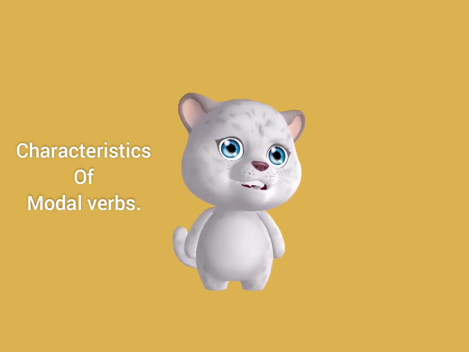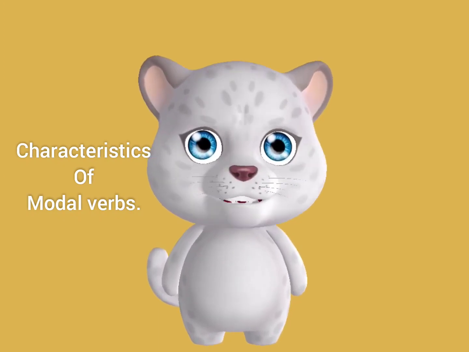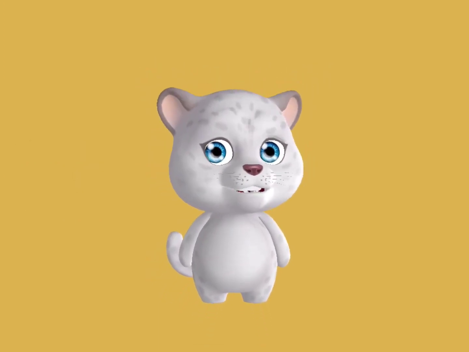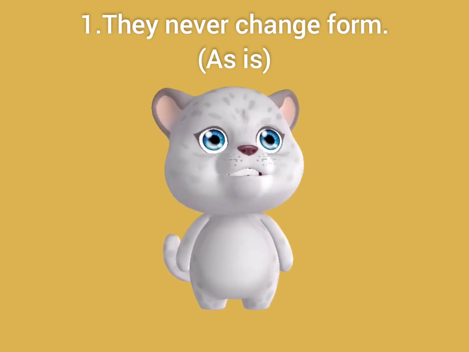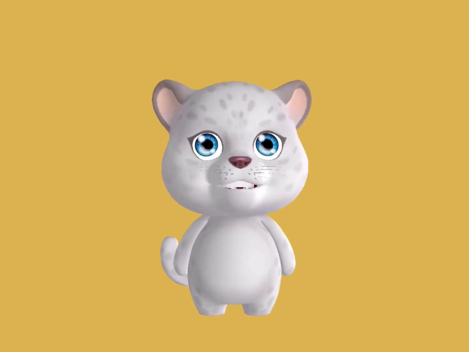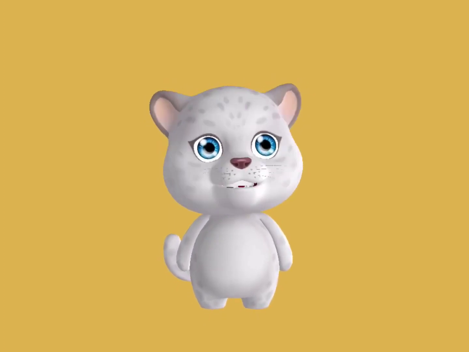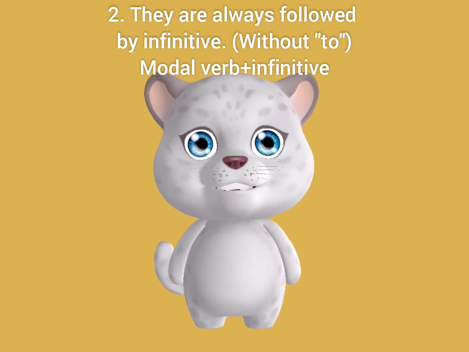And now, I want you to check the characteristics of modal verbs. First, they never change their form. You can't add s, ed, or ing. Second, they're always followed by an infinitive without to.